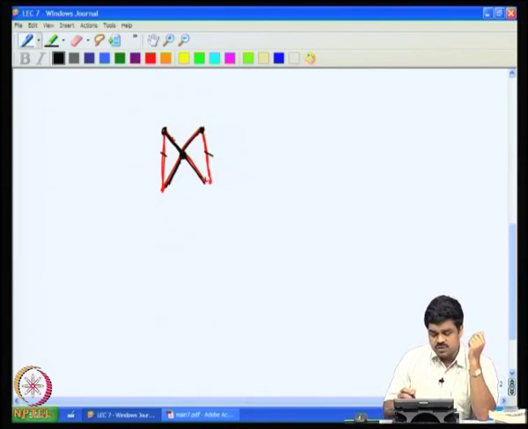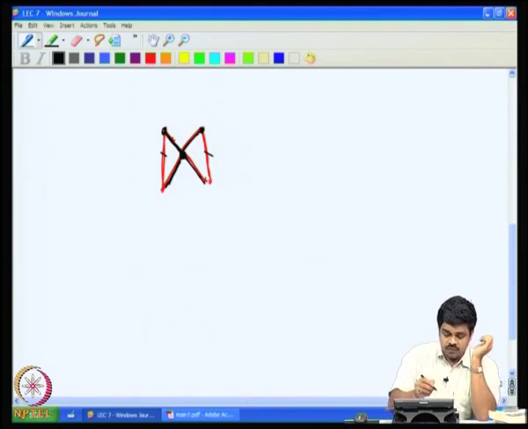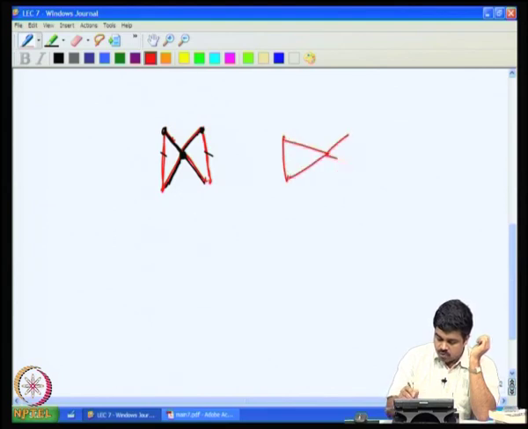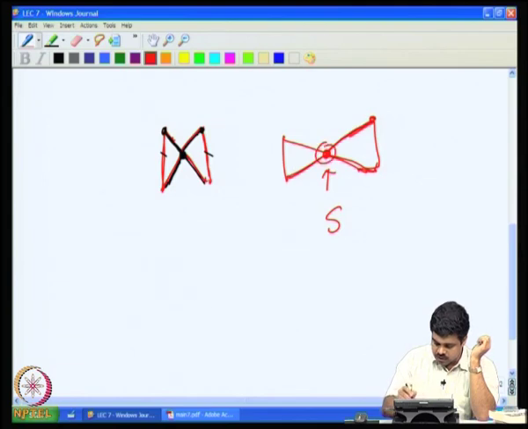So it is not possible to get a vertex cover by selecting only this vertex. On the other hand, if I was interested in covering only the vertices, not bothered about the edges, what I want is a collection S such that every vertex is a neighbor of it. Here this is enough, because this is a neighbor of this, this, and this.